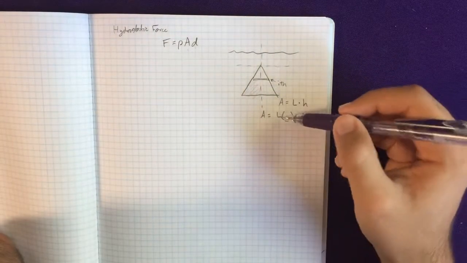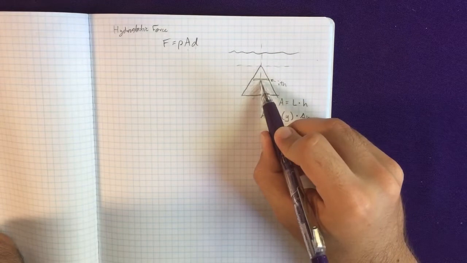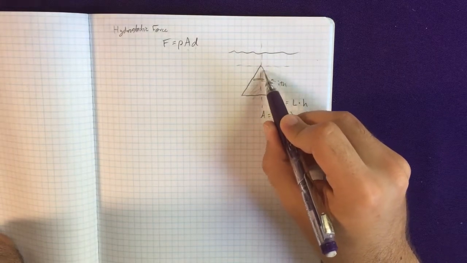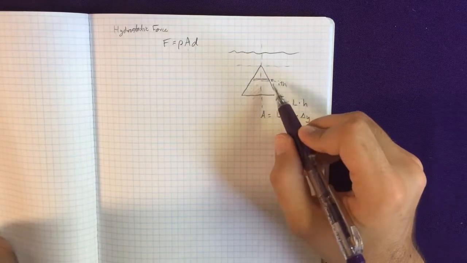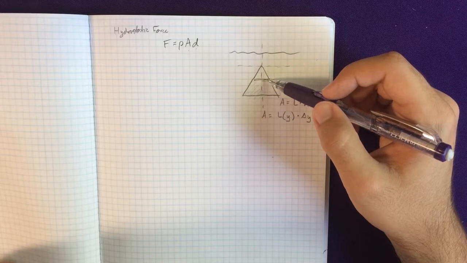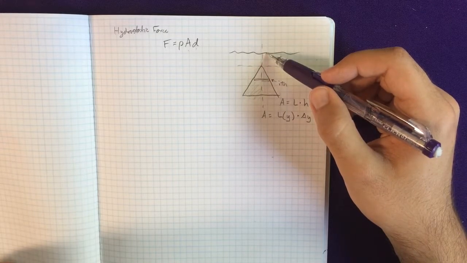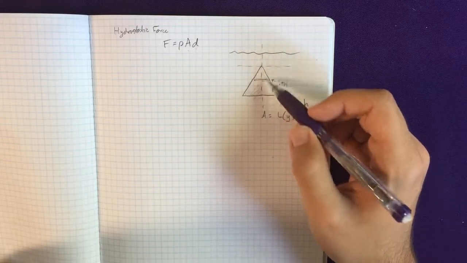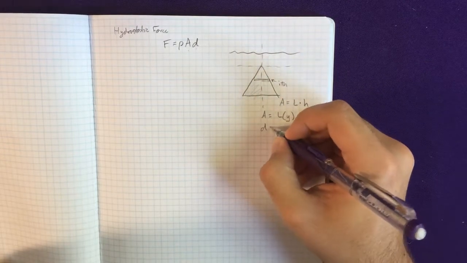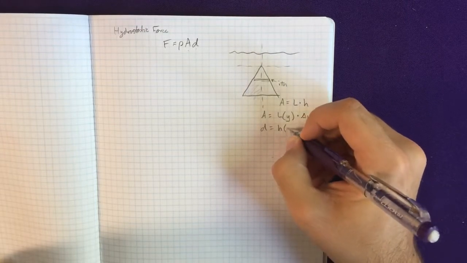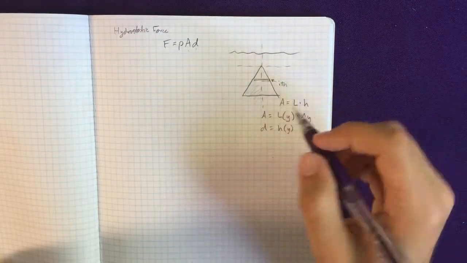The reason that we use L in terms of y is because the length of our rectangle is the same thing as the distance x from the y-axis. D is actually going to be the depth of the rectangle from the top of the water. It is also going to be in terms of y because the depth is a y value. So the depth, we'll call it h for height in terms of y.